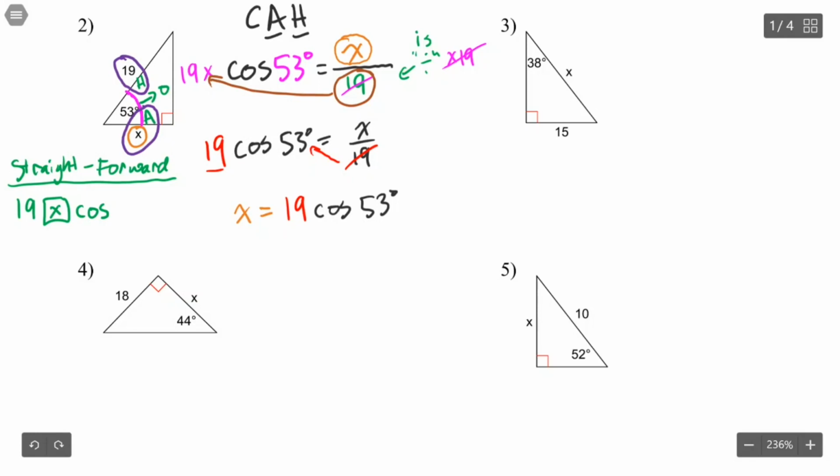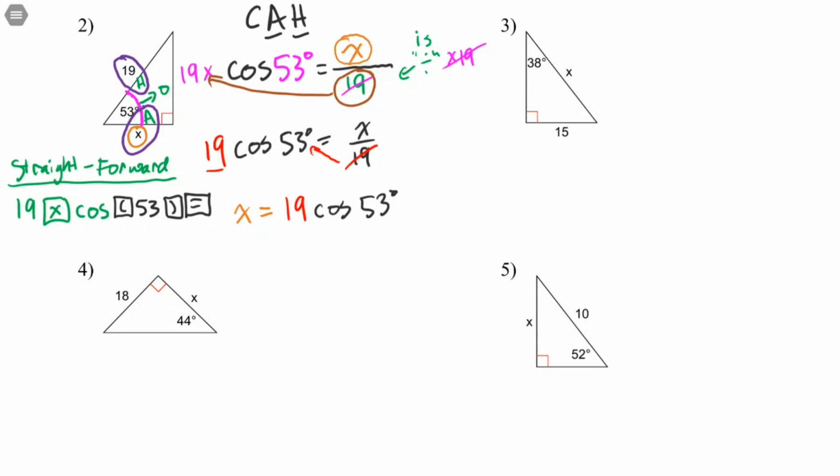If it doesn't open brackets for you, it's a good idea to put a bracket. Some calculators already put a bracket, in which case you don't need that. But then you put 53 close bracket equals. And you should get 11.4 in this case. In this case, we get x equals 11.4.